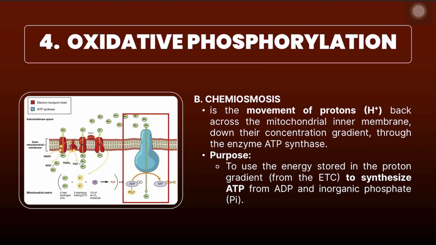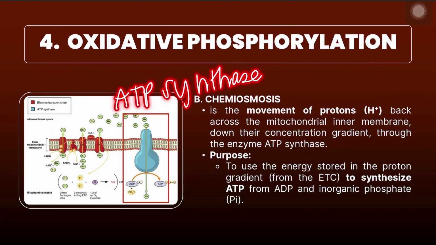And they can move back into the matrix with the help of a special enzyme called ATP synthase. So again, the movement of protons across the mitochondrial membrane from the intermembrane space back to the matrix happens because of the enzyme called ATP synthase, or this one.